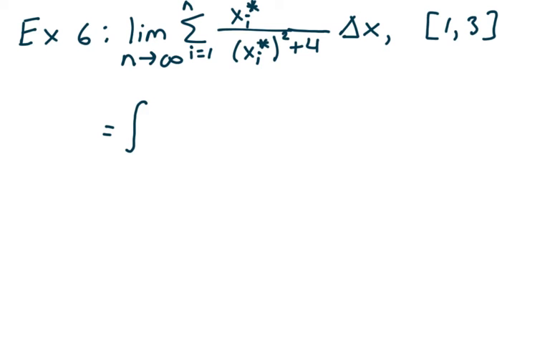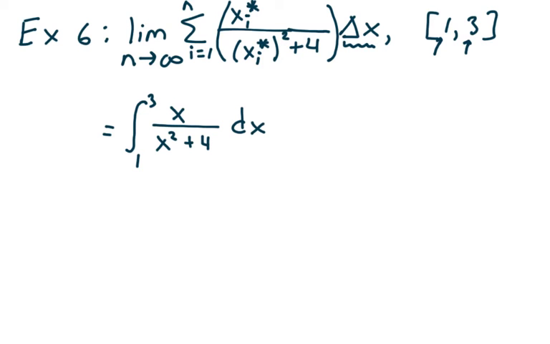So if I want to express this as an integral, my lower limit is 1, so I'm going to put a 1 there. My upper limit is 3, so I'm going to put a 3 up here. This is giving me my function, and so it's going to be x over x squared plus 4. Delta x becomes dx. That's it.